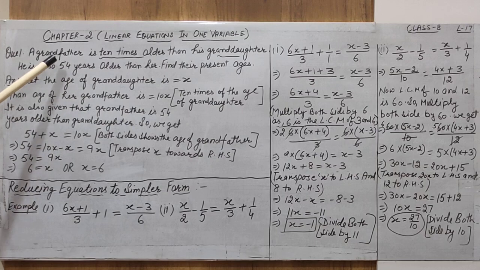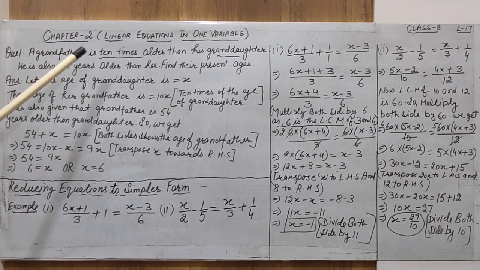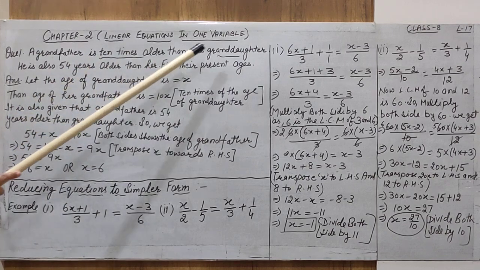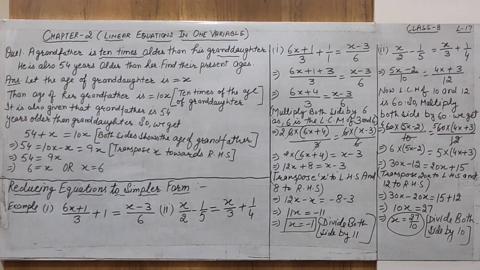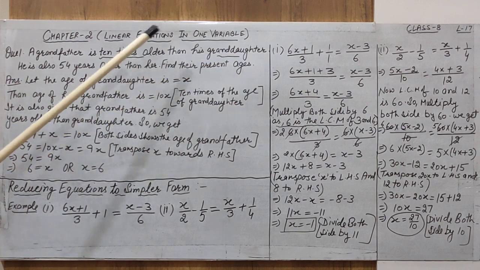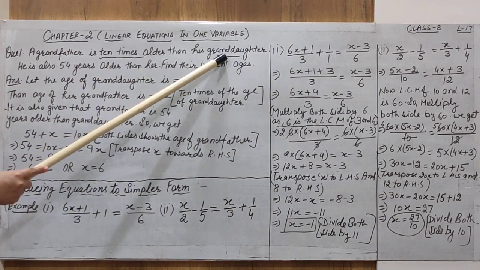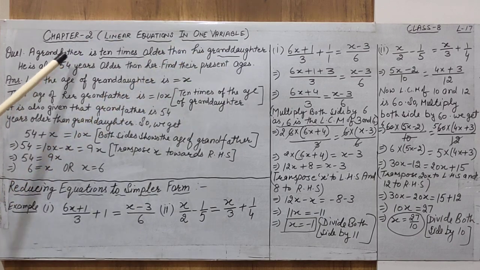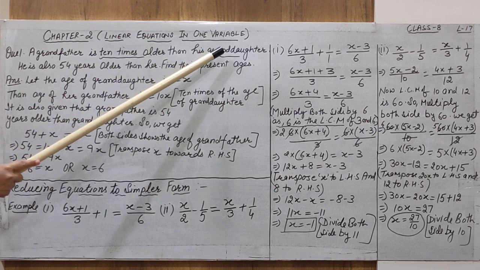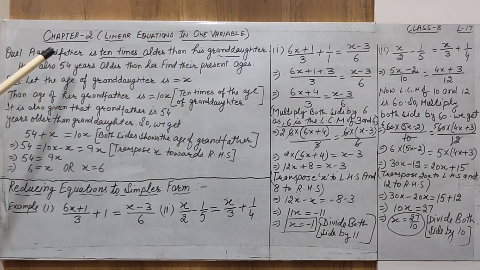How can we judge to whom we have to assign x? Now, as you know, in the first condition it is given that grandfather is 10 times older than granddaughter. So if we suppose the granddaughter age, then we can easily find out the grandfather age. Yes or no? We can find out. Now, if we know the granddaughter age, we can find out the grandfather age.